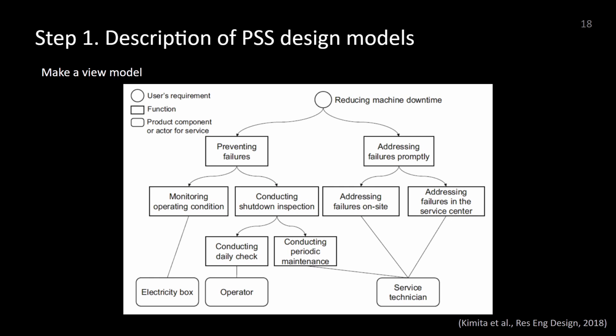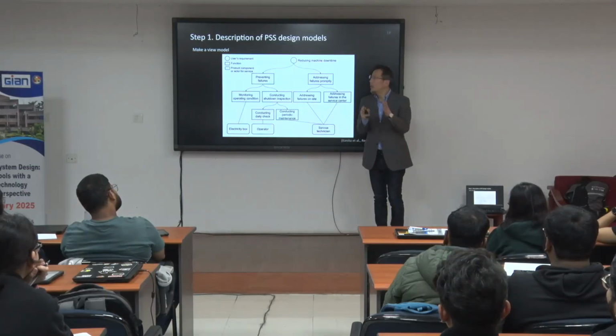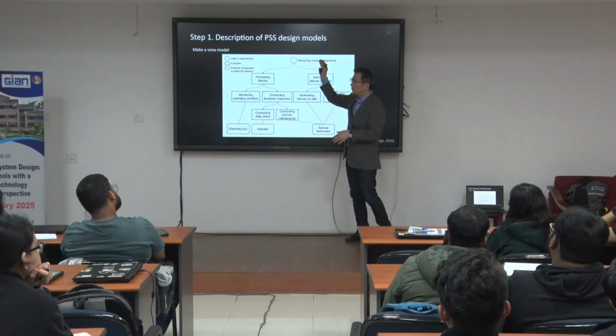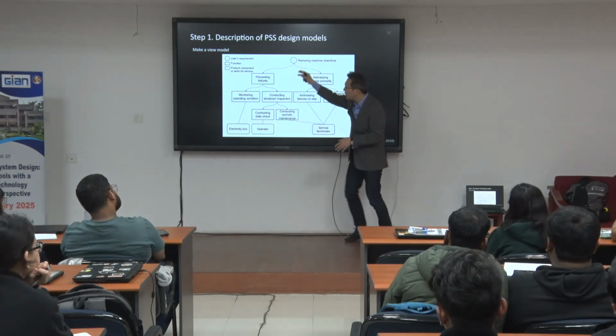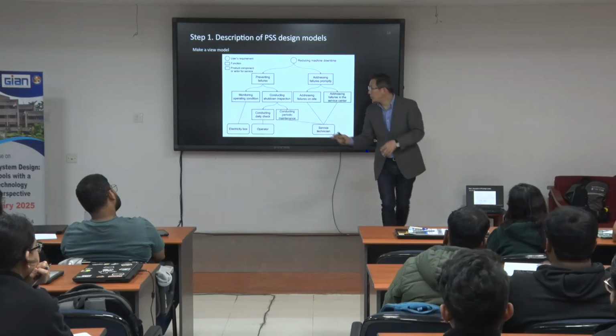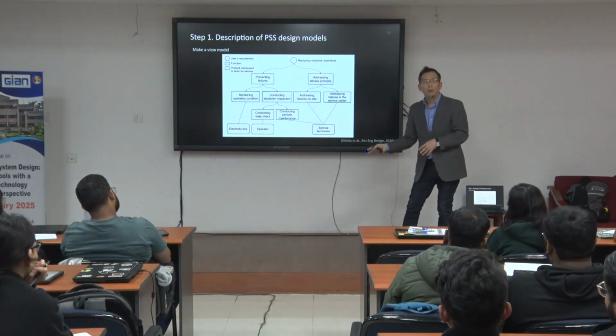How to describe the functions in the middle is, let's say, beyond this course. You don't have to be so specific in how to describe the middle. But here, you need to correctly correlate the given customer value and the product components and service actors. Okay?